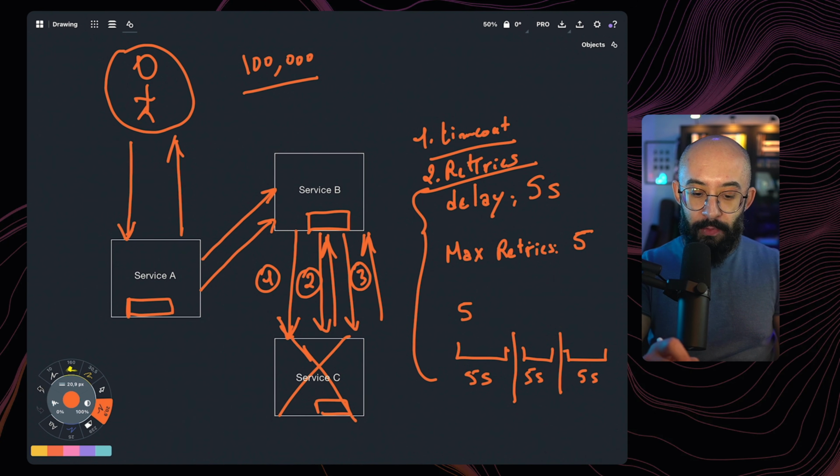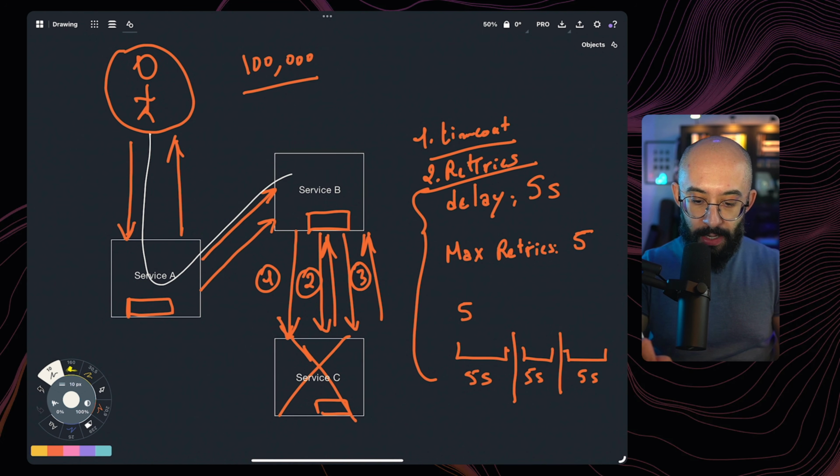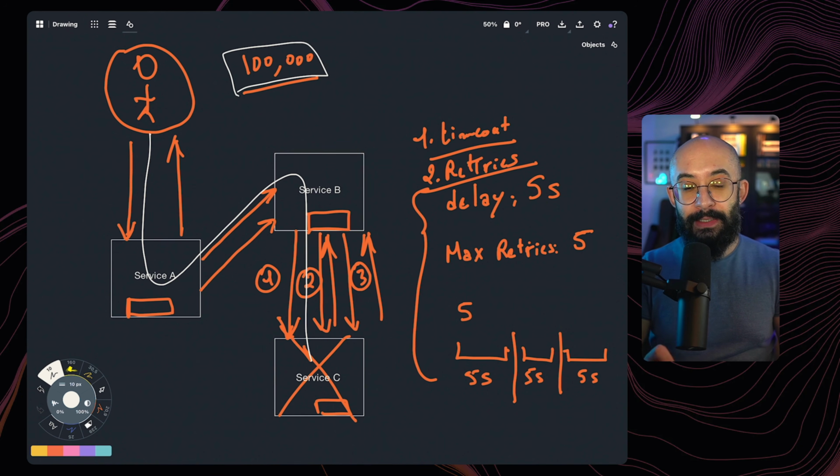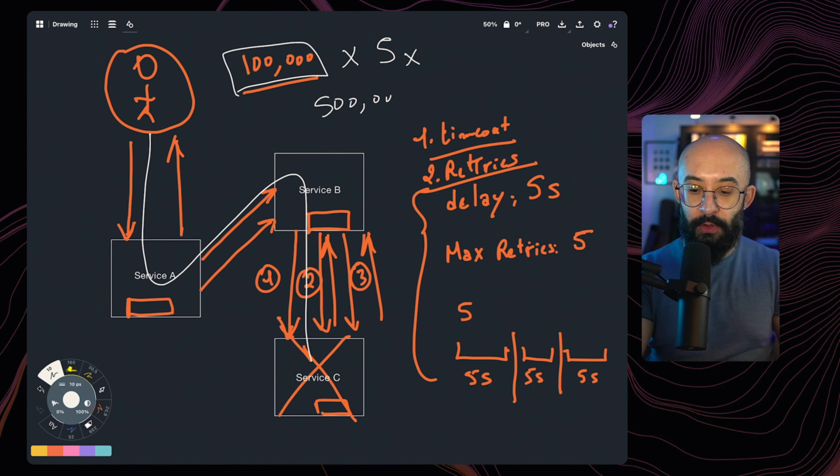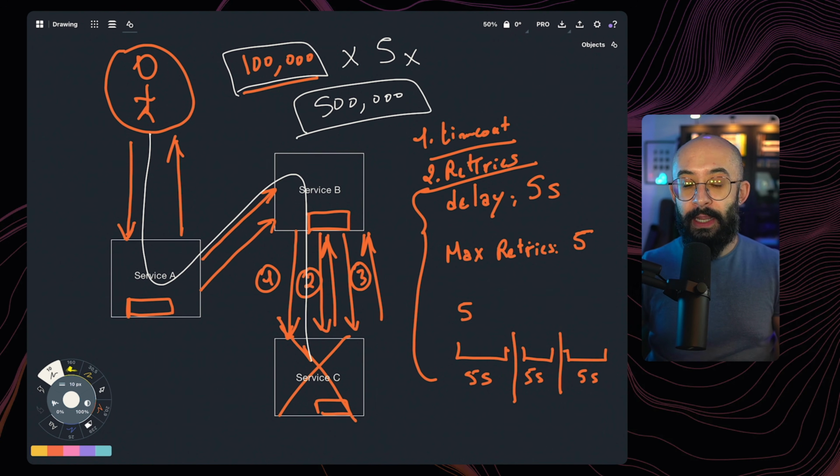Instead of each request being one call that goes through our system, now we're going to have 100,000 requests that are going to be retried 5 times. So you're going to have 500,000 requests within a certain period of time. That's probably going to break down the entire system even further. That's going to worsen the situation.